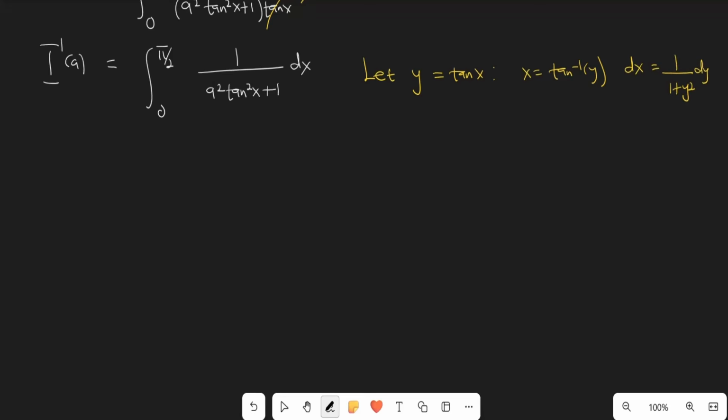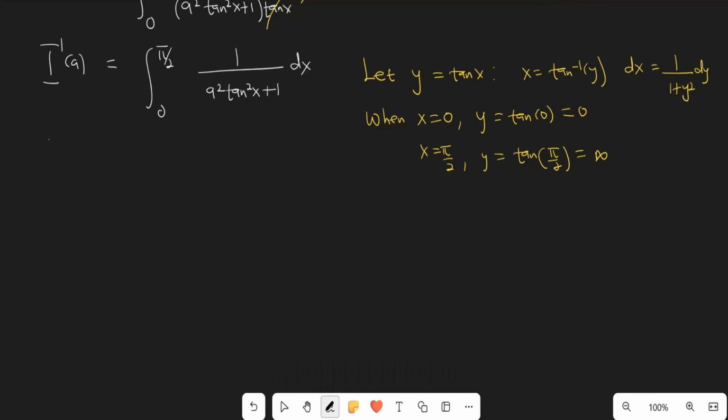So I am going to replace this one with that, and now the change in limit. When x is equal to 0, the lower limit, y is going to be equal to the tangent of 0. Tangent of 0 is 0. And when x is equal to pi over 2, the upper limit, y is equal to the tangent of pi over 2, and tangent of pi over 2 is infinity.